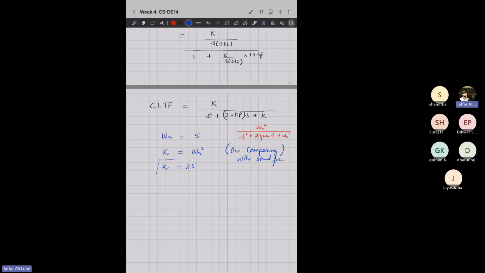Now let's find the value of P. So my 2 zeta omega n is equal to 2 plus Kp.